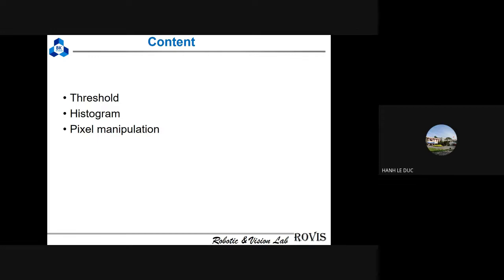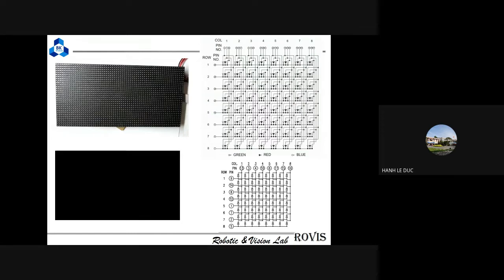And the next one is pixel manipulation. We will manipulate the pixels, for example, we change the intensity of the pixel. Mostly we change the intensity of the pixel. Okay, first let's have a look at this.